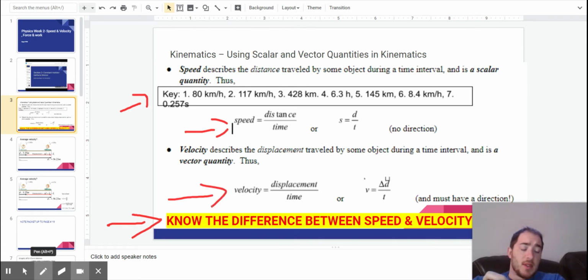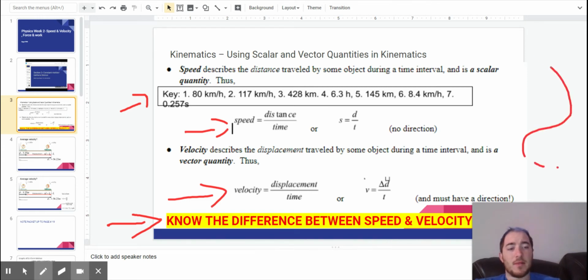So the difference between the two, I guess, if you travel to Medicine Hat and it takes you an hour, and let's say Medicine Hat's 110 kilometers away, you traveled at 110 kilometers per hour. Whereas displacement, let's say the road to Medicine Hat is like this. It is simply the straight line between start and end.